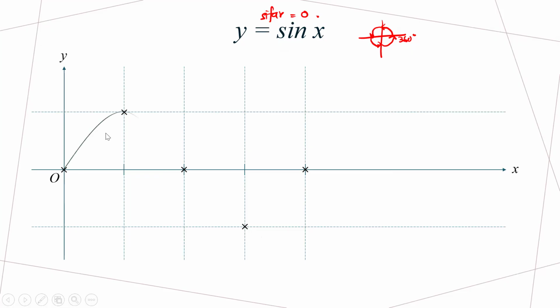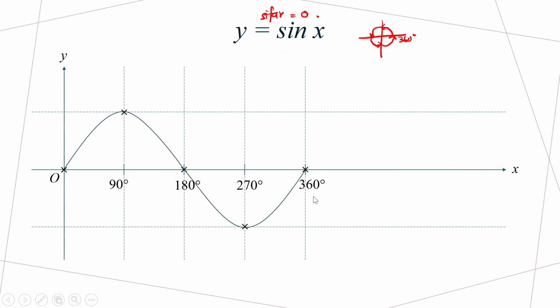It will swing back, and our amplitude, the highest that it can swing, is 1 here and -1 here. Then of course we will mark the quadrant later, because this is one complete cycle in 360.